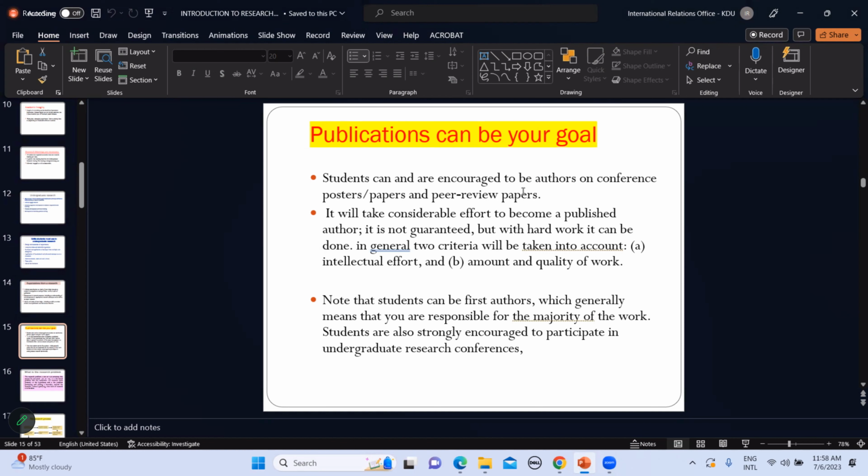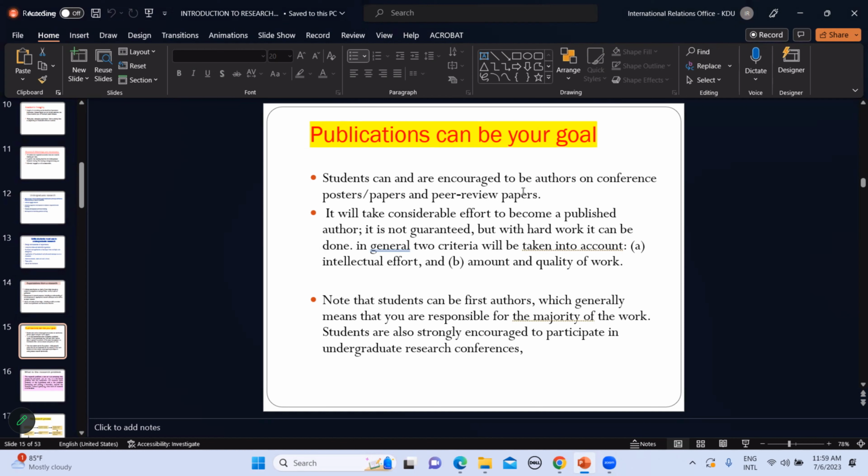The publication can be your goal. Once you do the publication, you can publish in conference papers and peer reviewed papers. Now, for IRC KDU 2023, I am the IRC coordinator in the Faculty of Technology. We have received papers for the conference, and I am sending them to external reviewers.